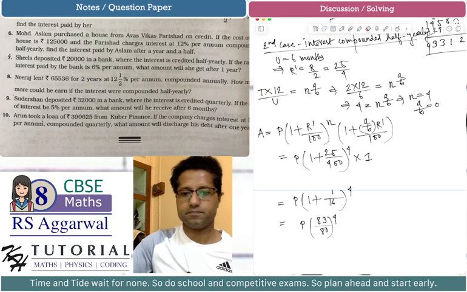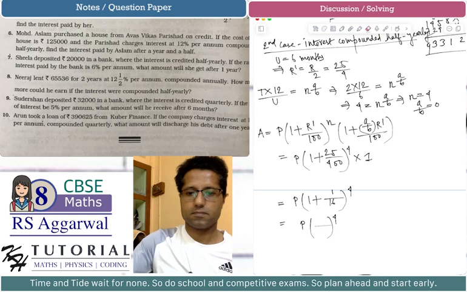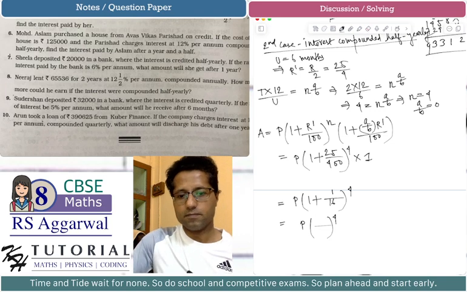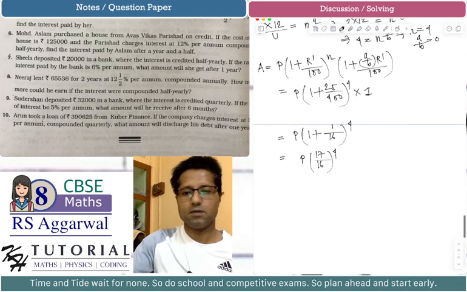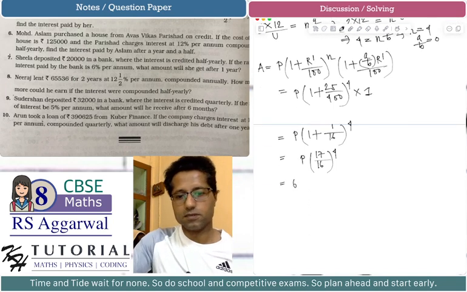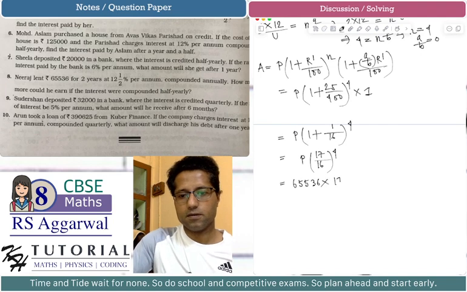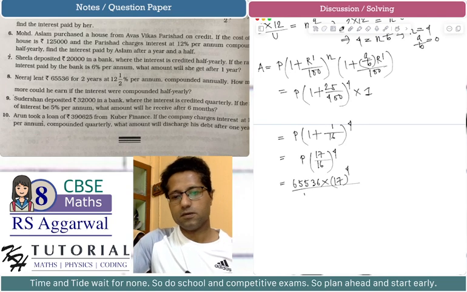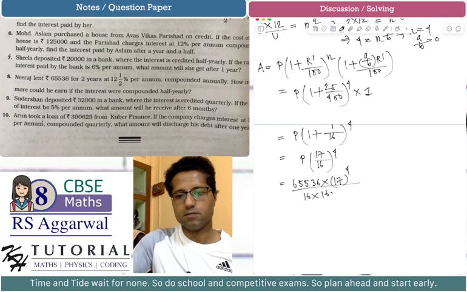So this is 17 by 16. Okay, so this is equal to 65,536 multiplied by 17 to the power 4 divided by 16 multiplied by 16 multiplied by 16 multiplied by 16.